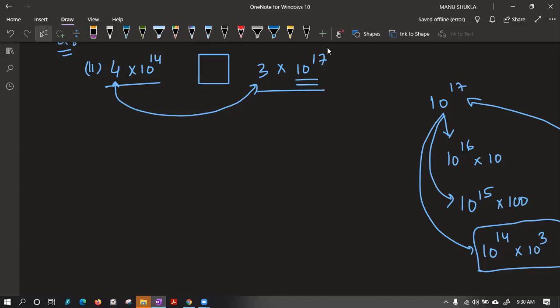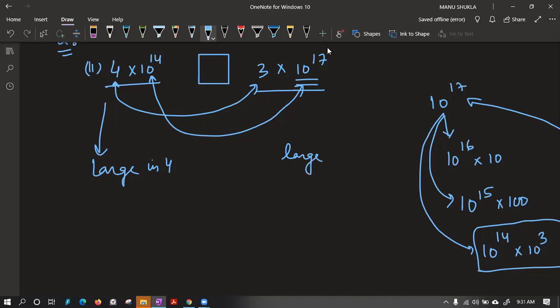If you compare 4 and 3, 4 is larger. If you compare the powers of 10, which one is larger? 10 power 17 or 10 power 14? So we have a mixed thing. In first thing, it is large in 4, and this is large in 10 power 17. Already we know this is larger because the exponent power is greater than the exponent power in second case, can we write like this?